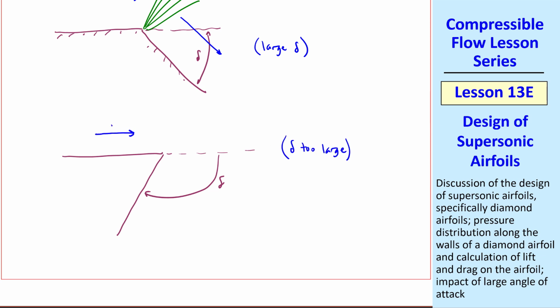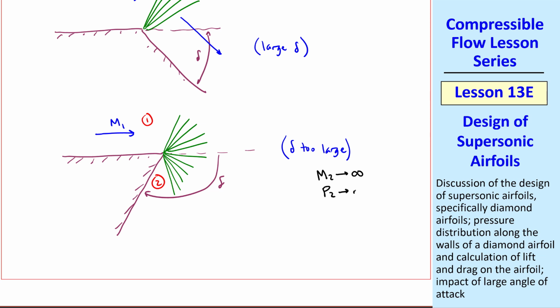For some Mach number M1 coming in, we theoretically would get an expansion fan that can actually go below the horizontal. And in the limit, our region 2 would have M2 approaching infinity, since Mach number keeps increasing across this expansion fan, and P2 going to a vacuum, and the flow would turn something like this, approaching some maximum turning angle.